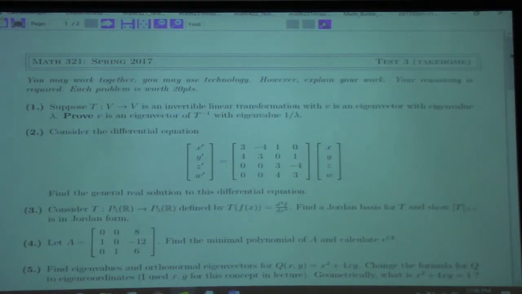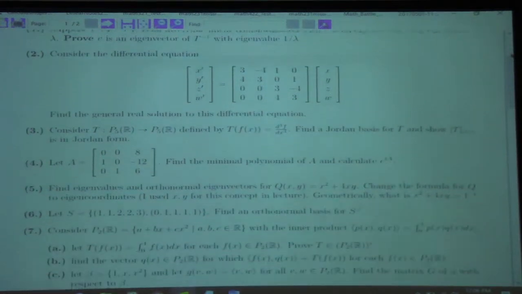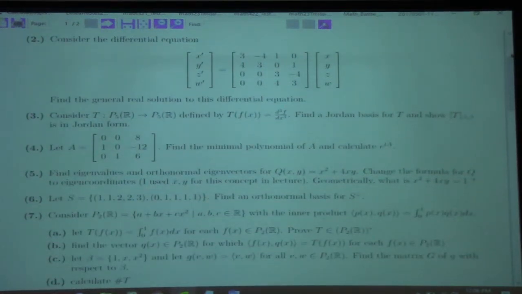Back on 2, we were kind of confused on how it's 3 minus 4i for both. How do we know that it's 3 minus 4i?